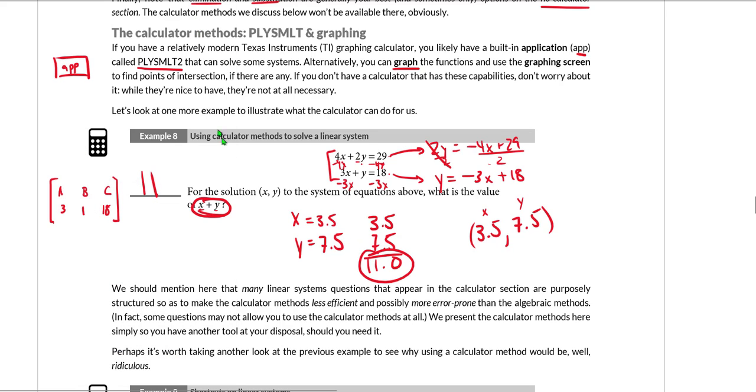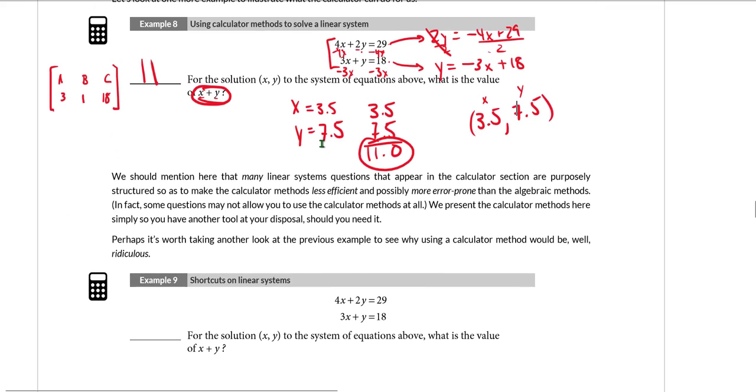That is how you would use your calculator to find a point of intersection between two lines, or in fact between any types of curves. Now, there's one more thing that we do need to talk about, and that is the fact that you will occasionally see systems of linear equations questions where there's a little bit of a shortcut.